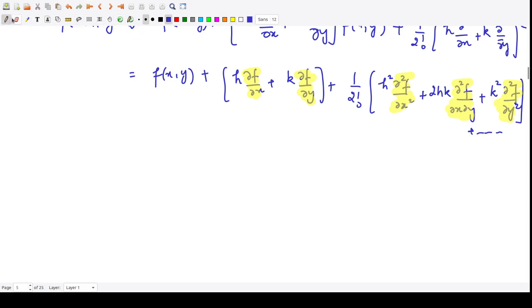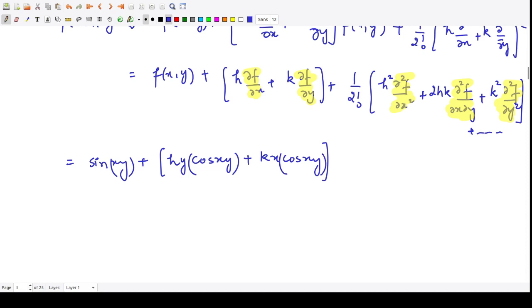So let me quickly do that. What is f(x, y)? f(x, y) would be sin(xy), plus the h term as such, and then the partial derivative of f with respect to x. So it would be cos(xy), and because we are taking the partial derivative with respect to x, y would be constant. So it would be y cos(xy), and similarly the second term would be x cos(xy).